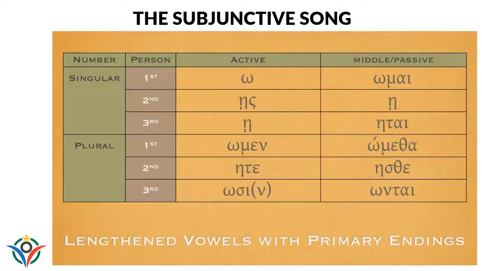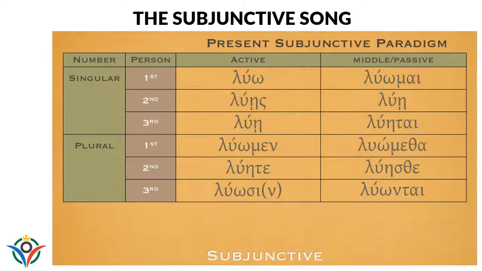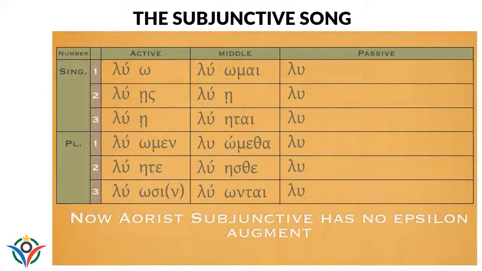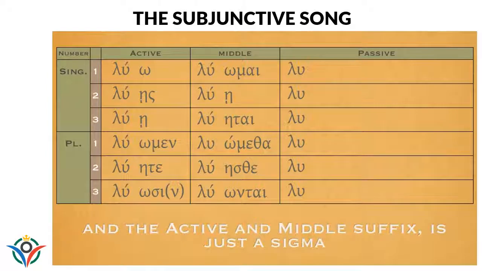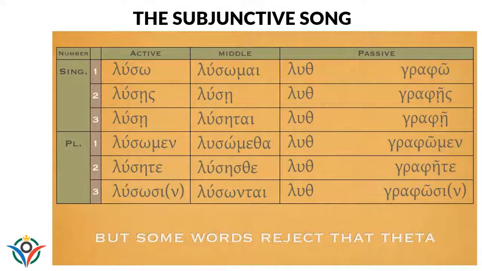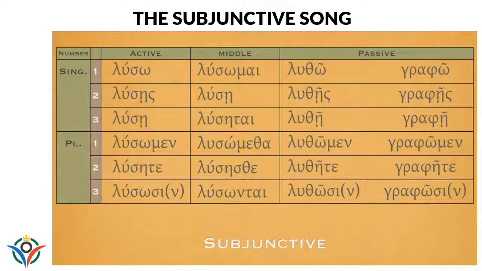Lengthened vowels with primary endings: subjunctive. Now, aorist subjunctive has no epsilon augment, and the active and middle suffix is just a sigma. Aorist passive suffix is theta, but some words reject that theta, and the passive takes the active ending.